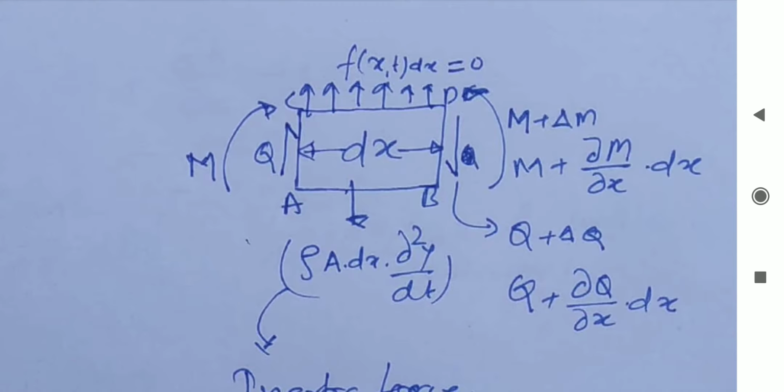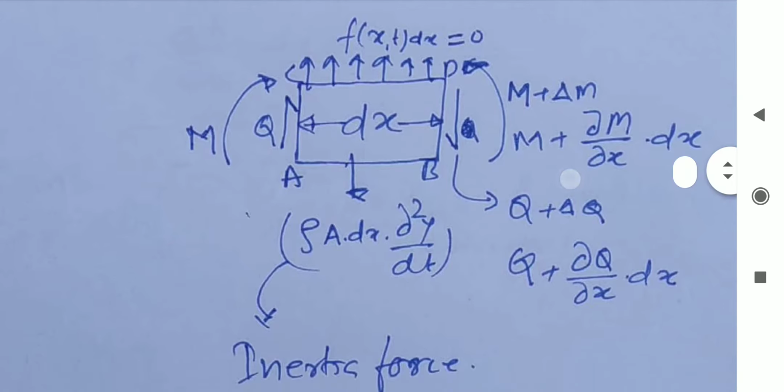The shear force acting on surface AC is Q, and on the corresponding surface BD it is Q plus delta Q. We have earlier defined how delta Q is defined, that is the change in deformation per unit force, or in terms of angle. So here it is del Q upon del x into dx.